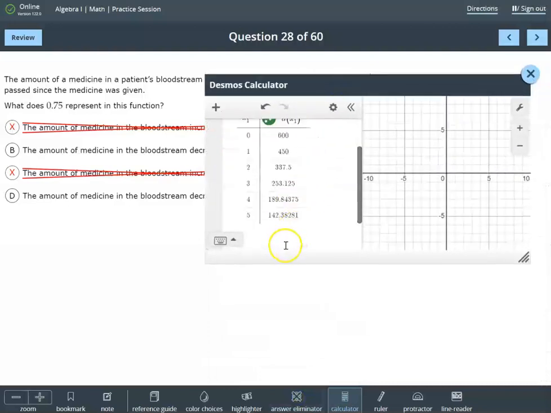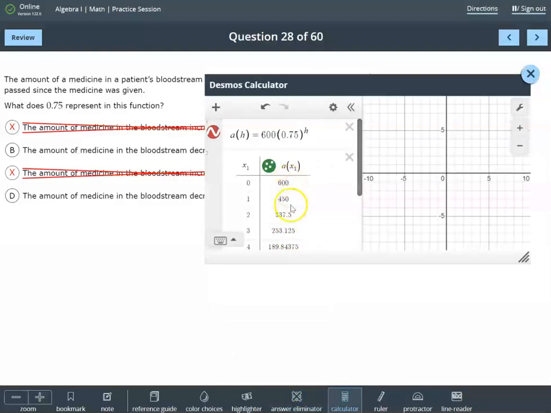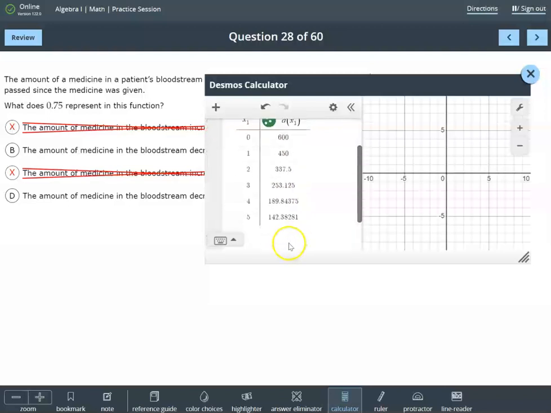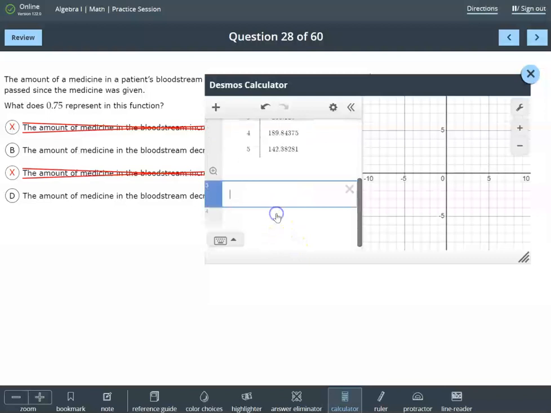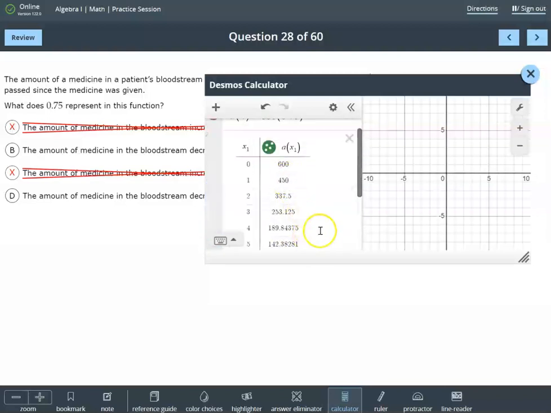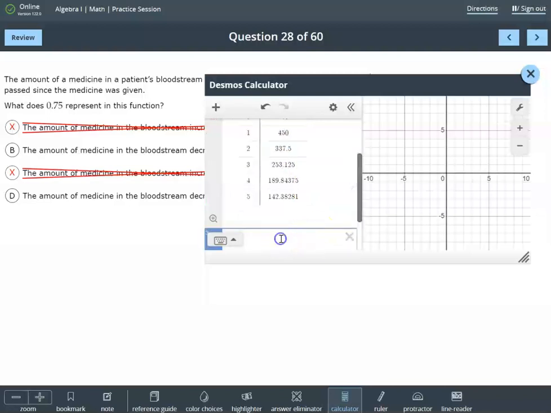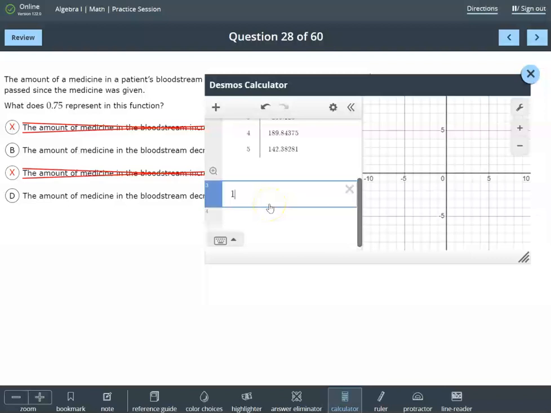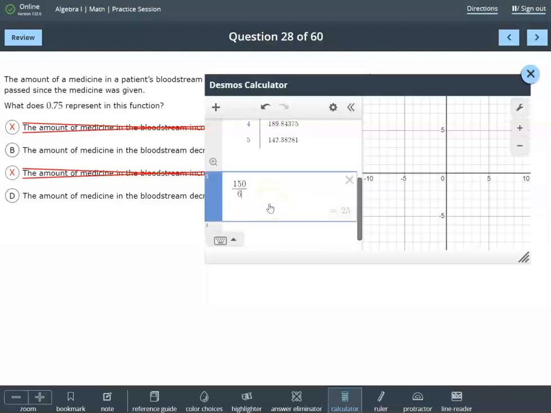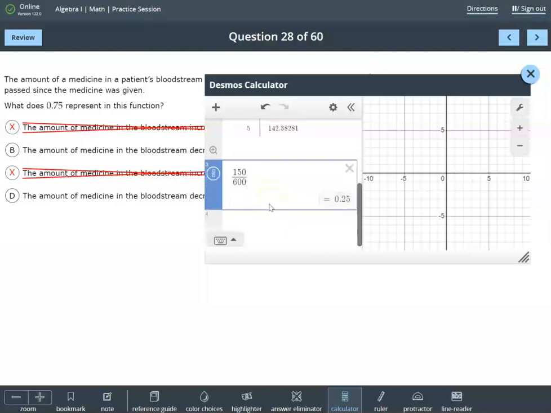Well, one quick way to do that is to first take the difference in the numbers, any two numbers, but I'm going to just use the first two numbers, 600 and 450. And then I'm going to type that number divided by the first number that I used. So I did use 600. It went down 150. So if I do 150 divided by 600, I get 0.25.